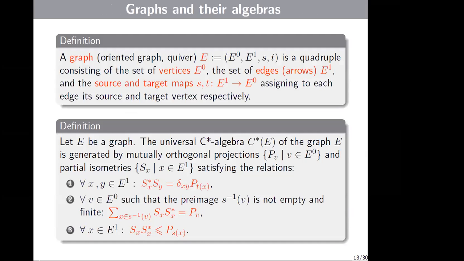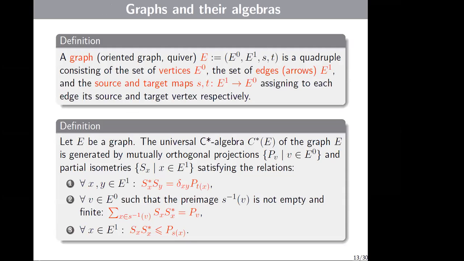Sooner or later you'll memorize it, but for the time being, let me have it in front of your eyes. Remember, this is an algebra which has two sets of generators, one given by projections and one given by partial isometries. Since these are universal C*-algebras, it will get explained in due course. It suffices to define our star homomorphism on generators, and then if it satisfies the relations, it extends automatically, it's continuous, and so on and so forth.